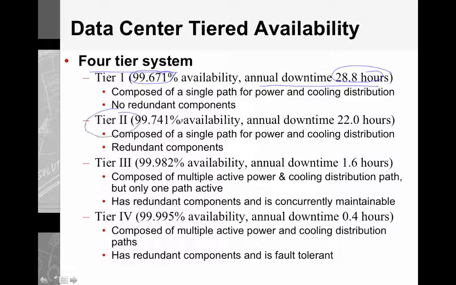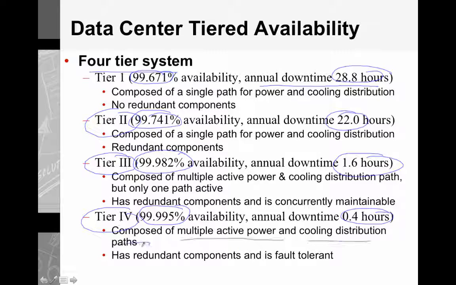Compared to tier 2, which can have a downtime of 22 hours and 99.741% availability. Tier 3 is 99.982% availability with 1.6 hours of downtime. Tier 4 is 99.995% availability with only 0.4 hours of downtime. As you can see, Tier 4 data centers are highly optimized, highly available.